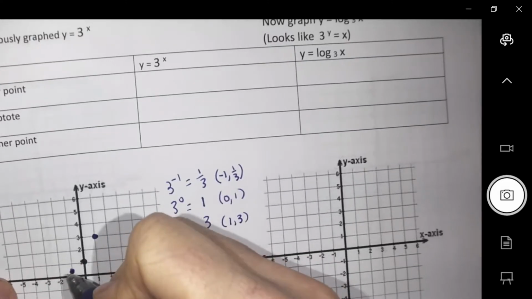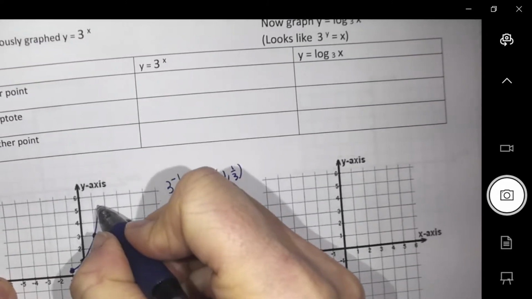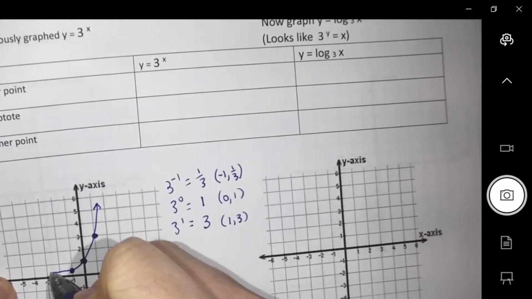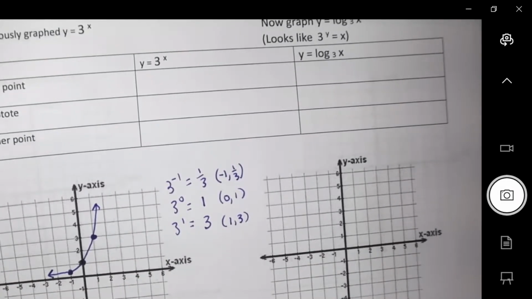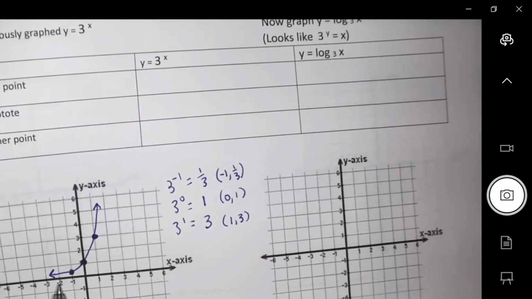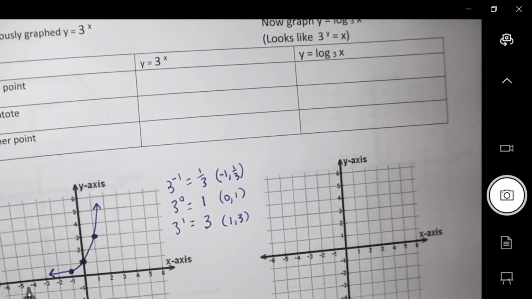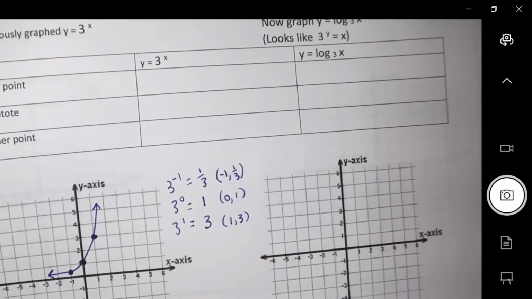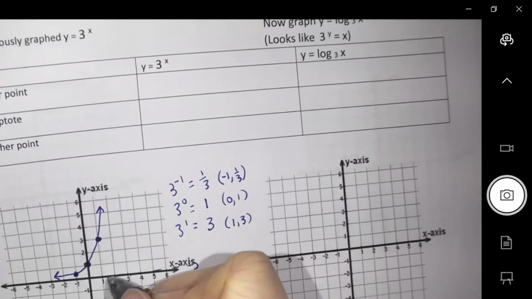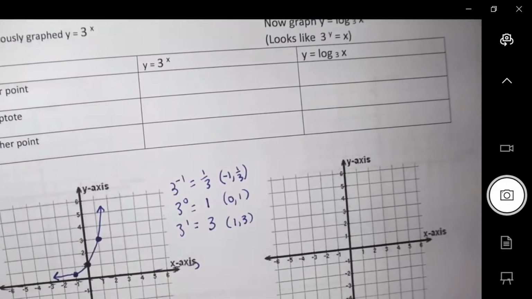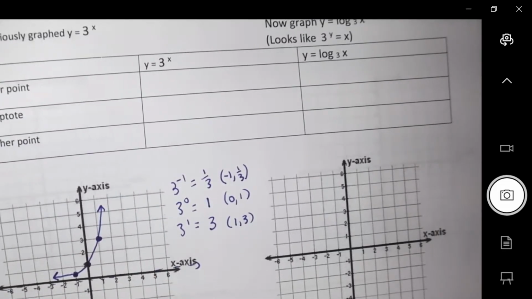Then you learned that the shape of it is asymptotic. So it would go like that and flatten, because the next one would be 1/9, 1/27, 1 over 81. It's just getting smaller and smaller, closer and closer to 0. So you need an asymptote, which would be y equals 0.